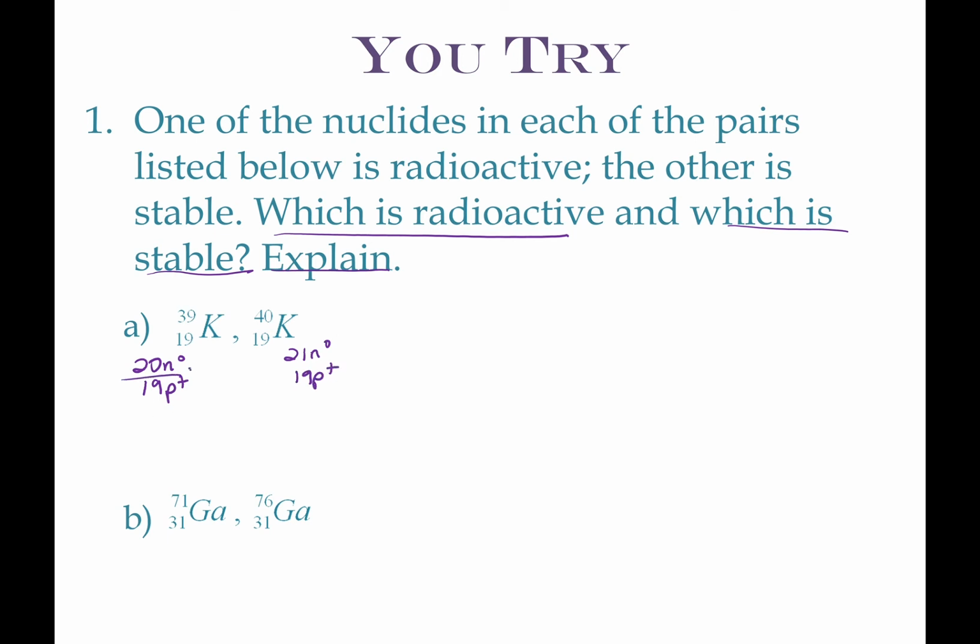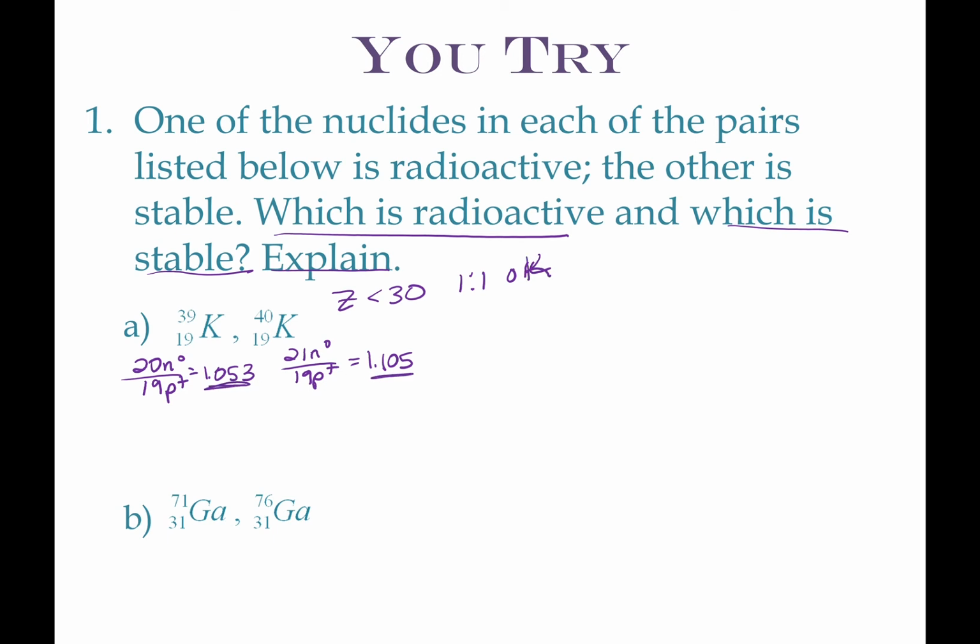So the ratio here is 20 divided by 19, 1.053, and here is 21 divided by 19, 1.105. Z is less than 30, so a 1-to-1 ratio is okay. So this is still okay for a ratio.